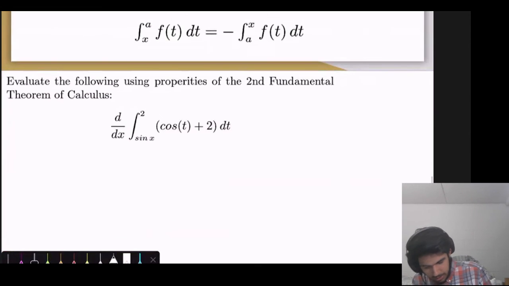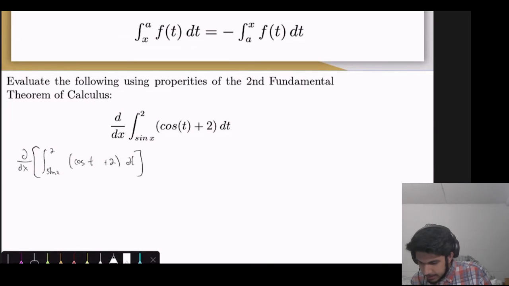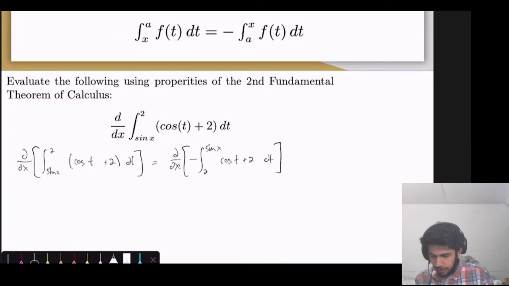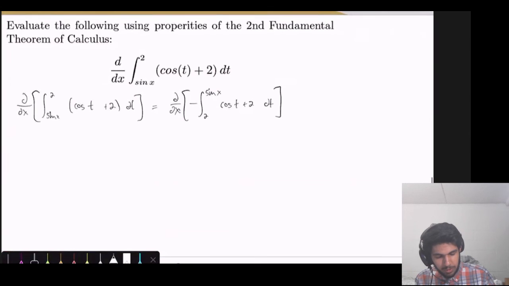So the derivative of the integral from sine of x to 2 of cosine of t plus 2 dt is equal to the derivative of a negative, now we swap the limits, cosine of t plus 2 dt, right? So that's what we're used to. And now we can further evaluate this, but let's recall what the chain rule definition was.